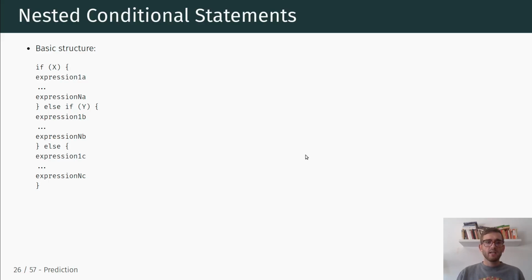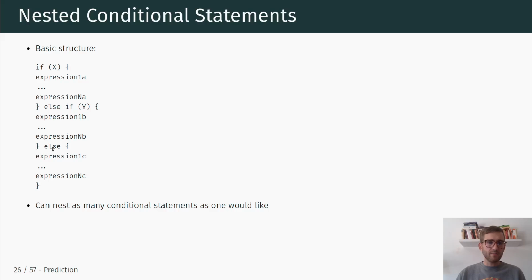As I said, conditional statements can also be nested. For example, we can have multiple conditions: a first if condition, and if this statement is not true, we can add an additional else if, an additional qualification. If the first condition did not hold, we can look at a second condition, and then have a residual category. If neither of those conditions hold, then execute a third set of operations.